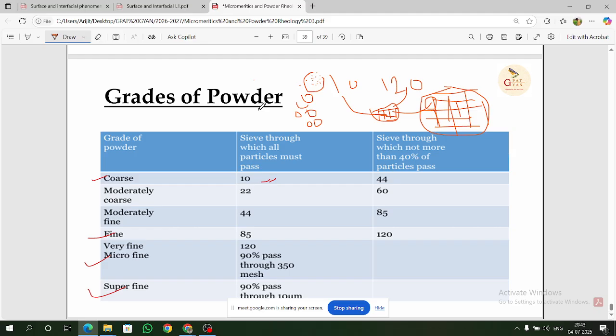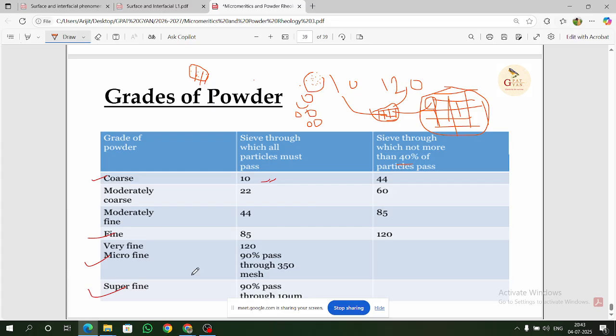But when you consider the 44 sieve, not more than 40% of the particles can pass. That is the difference, because the coarse particles get stuck. In the same surface area, 44 pores are there, so the pore size will be a little bit less, and the big coarse particles cannot all pass through. That's why they say 40%.